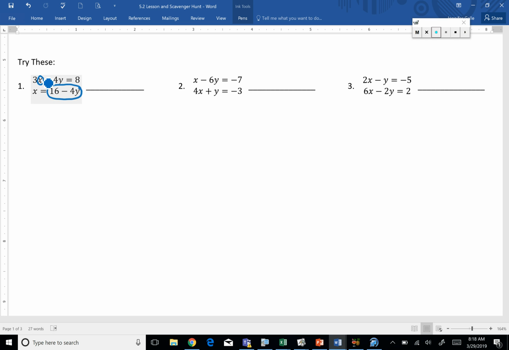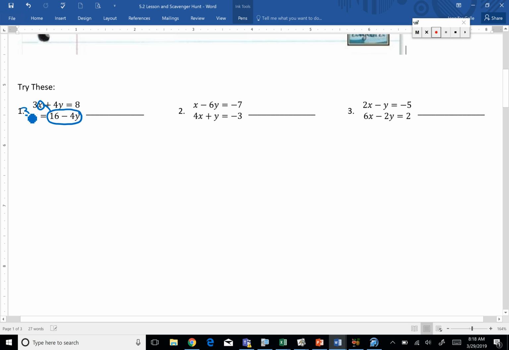Some of us were just trying to take the 16 and pop it in there. I need to take that whole blob. Because when I put that blob in for x, the x is no longer there. Now I have an expression that has a y. So now my equation has nothing but y's in it.